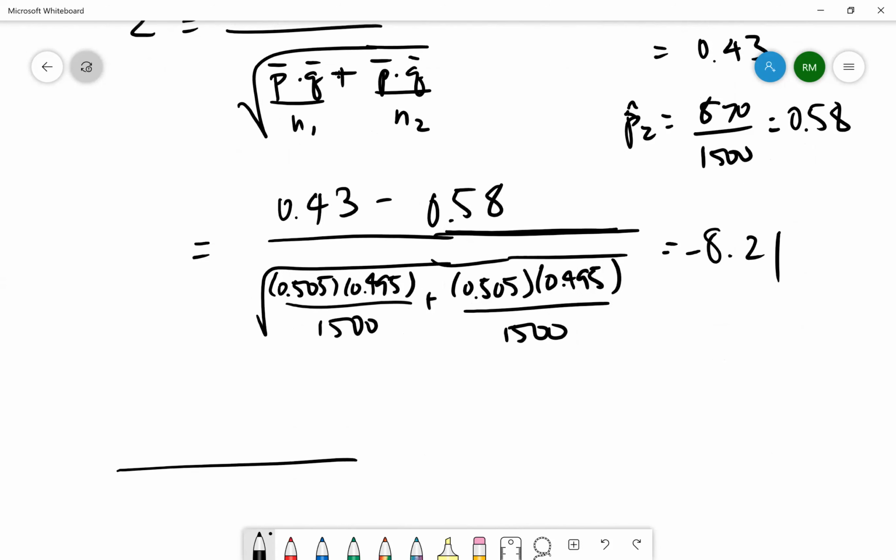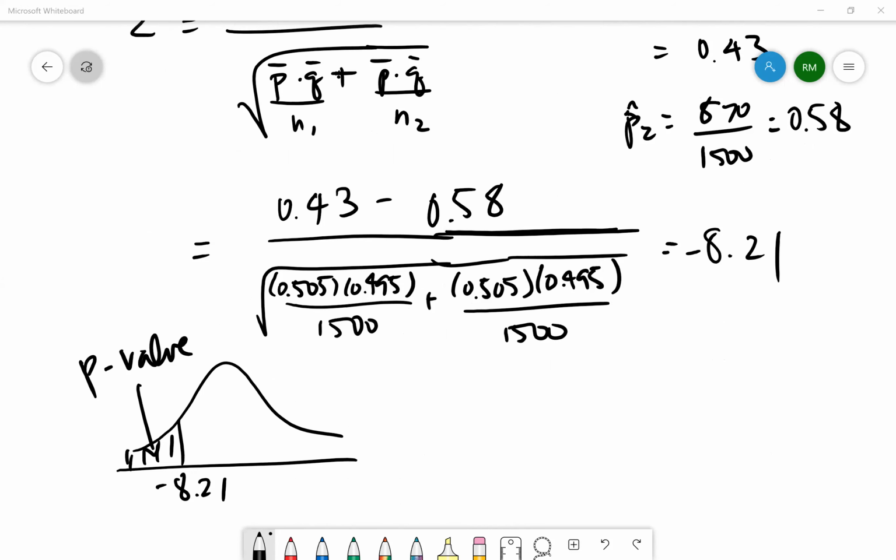So now we have our standard normal curve. We have negative 8.21, and that area is our p-value. And we can compute that using Excel. So let's move on over to Excel.